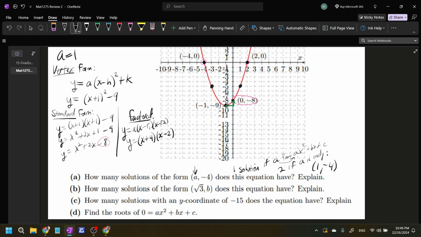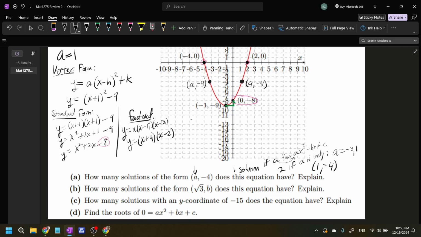And those two values of a would be a equals -3 and a equals 1, because we can graph those 2 points here and here. Sorry, the y value is -4, so it's up here a little bit. So that's a, -4, and this one is also a, -4.